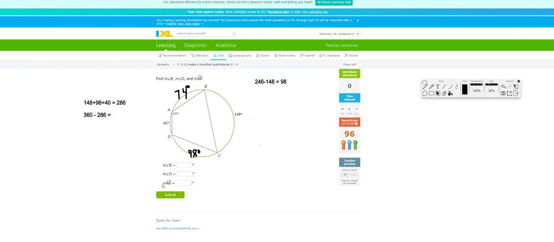So the measurement of arc AB, I already know this is 74. Now I need to find the measurement of angle D. Notice D right here goes from A all the way to C. So I'm going to do 74 plus 148, and that's equal to 222.